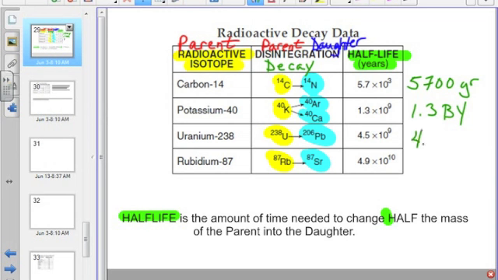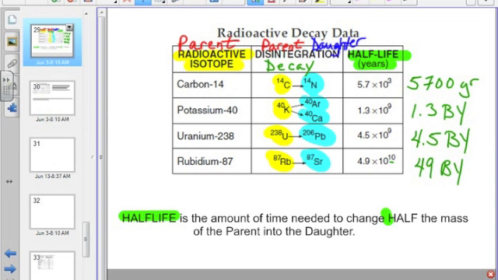That's like saying 4.5 billion years. Yeah, really, really close to the age of the Earth. Matter of fact, uranium-238 is often the preferred method to date the age of the Earth. And rubidium-87 is 4.9 times 10 to the 10th. Notice that exponent is bigger. So that would be equivalent to 49 billion years.